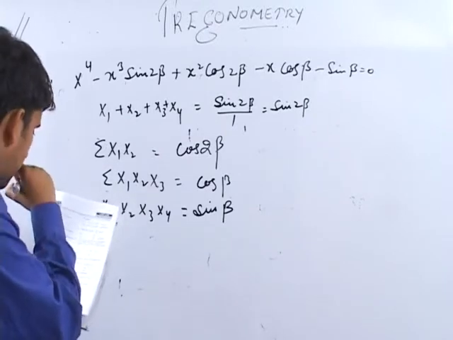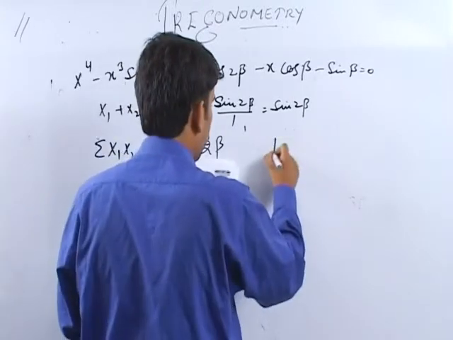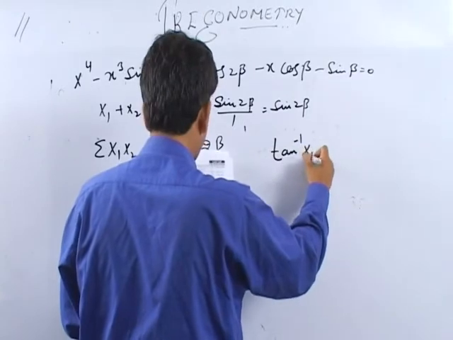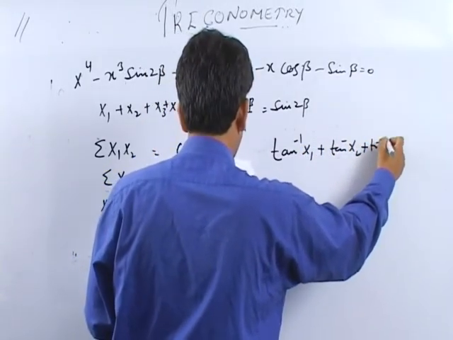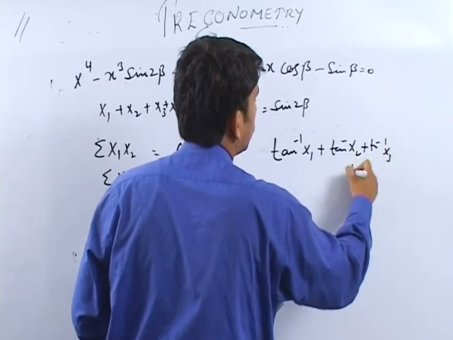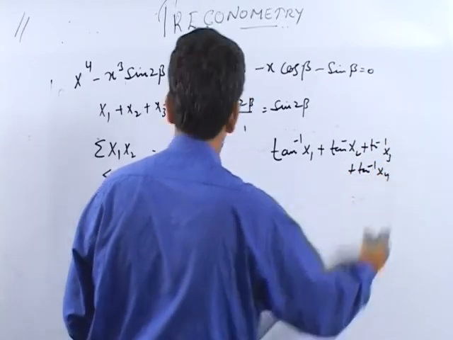Now you have to find the value of tan inverse x1 plus tan inverse x2 plus tan inverse x3 plus tan inverse x4.